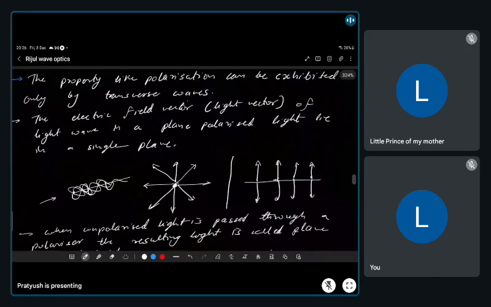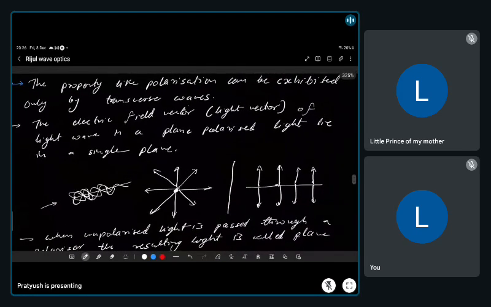Write down the polarization property: polarization can be exhibited first of all only by transverse waves. So this is the second thing: light rays are transverse. Another thing we have studied just now is that light coming from the sky is plane polarized.